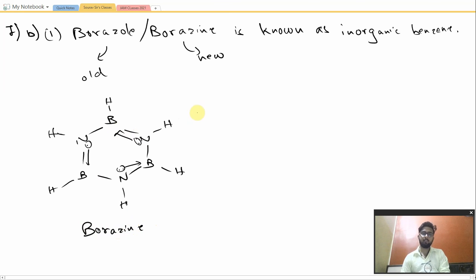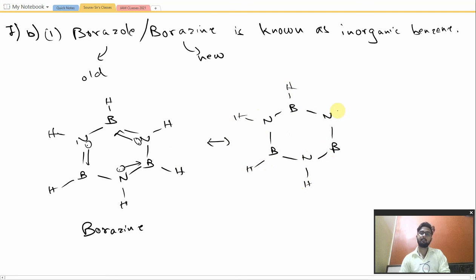Let me write them down one by one. The first factor is that like benzene, this also has two canonical forms. The first canonical form is already drawn on the screen. Let me draw the other canonical form. N, B, N, H, H, H, H, H, H, and then this nitrogen would donate over here, this nitrogen would donate over here, and this nitrogen would donate over here.